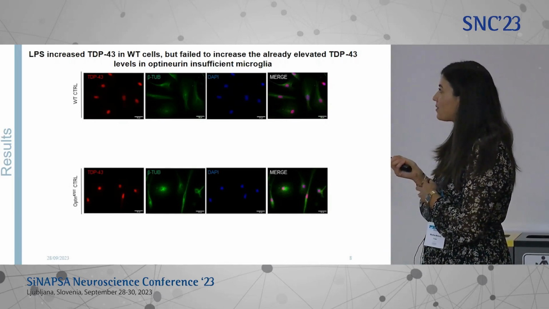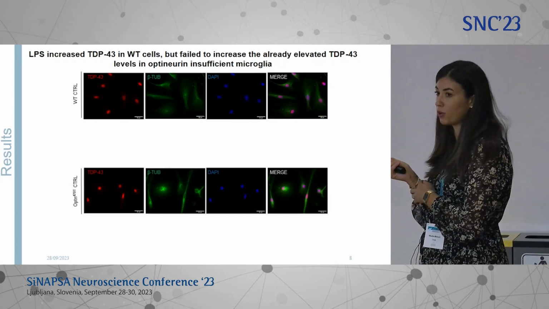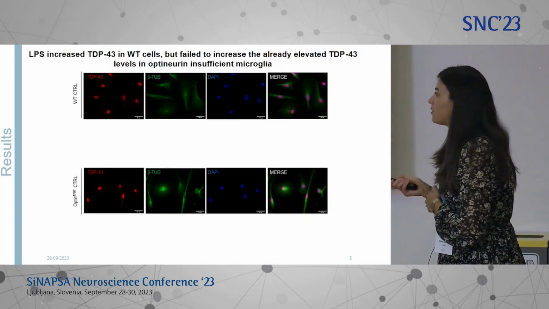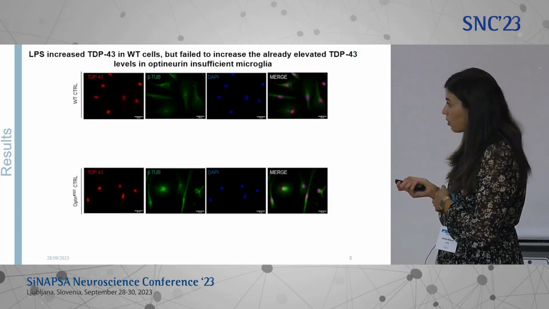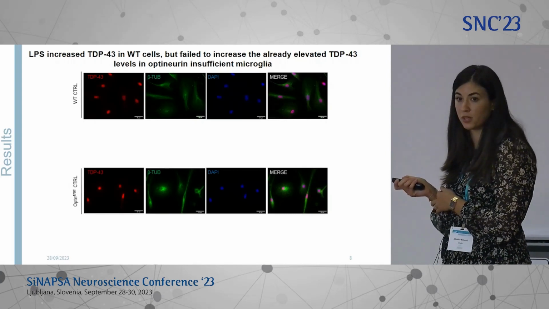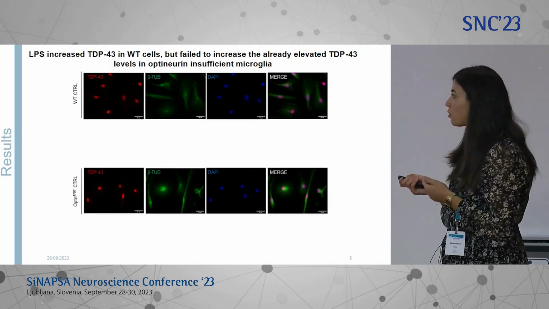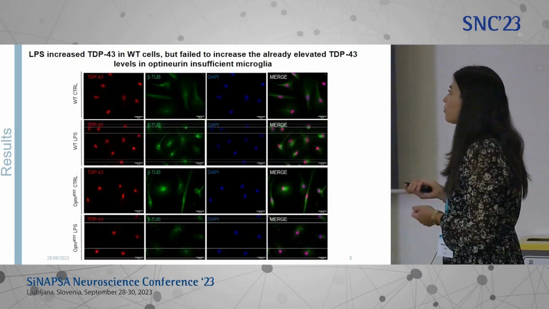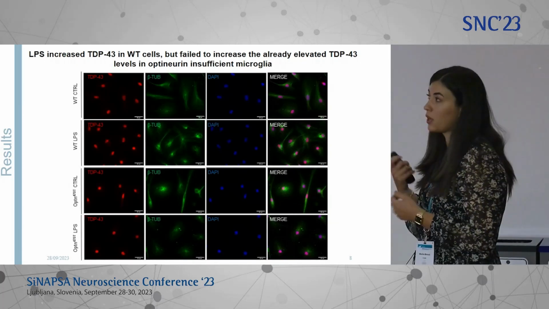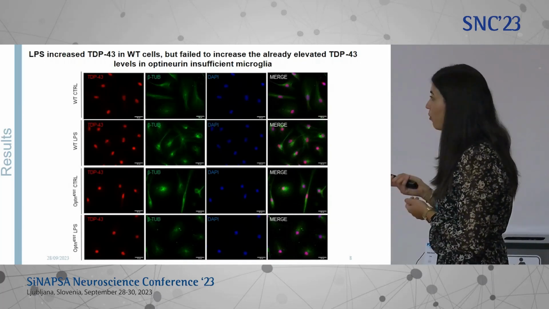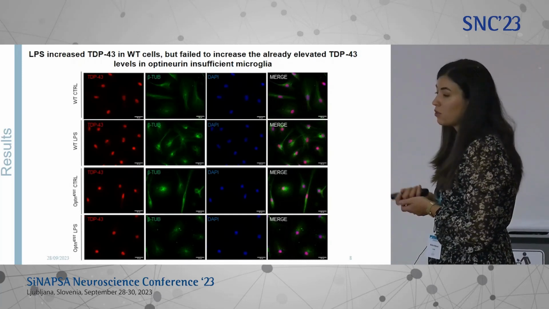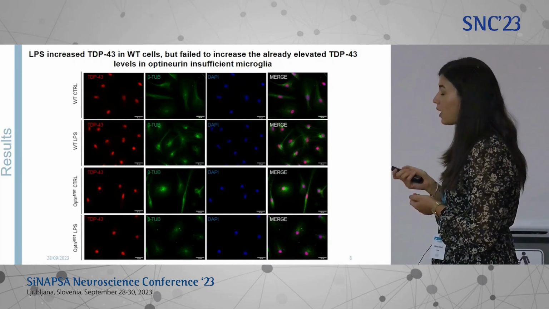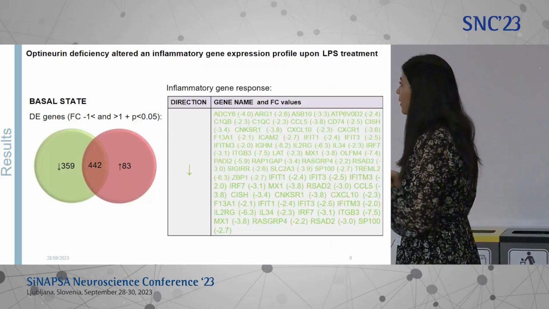Basically, in wild-type cells in the basal state, TDP43 is mostly nuclear. Interestingly, and for us a bit surprising, in knock-in cells we also have nuclear TDP43, but the MFI is higher. So all the accumulated TDP43 in our cells is nuclear. What surprised us most, in contrast to some earlier research, is that upon LPS we did not see nuclear depletion or protein aggregation. So accumulation of TDP43 happens only in the nucleus in microglia.